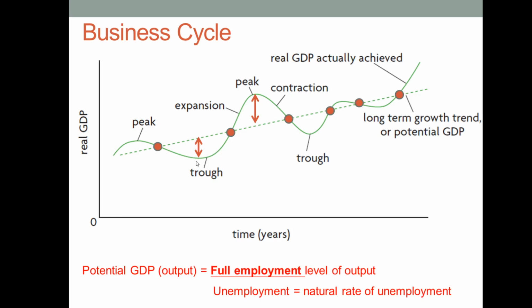What could be the reasons we have a gap over here? What makes the fluctuations? There is cyclical unemployment, but what causes cyclical unemployment?